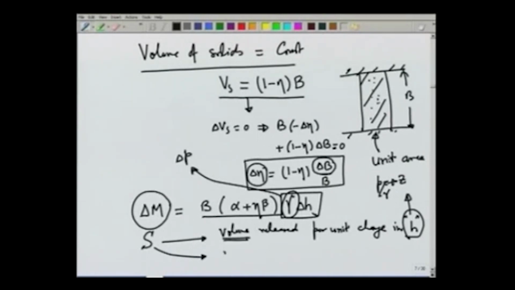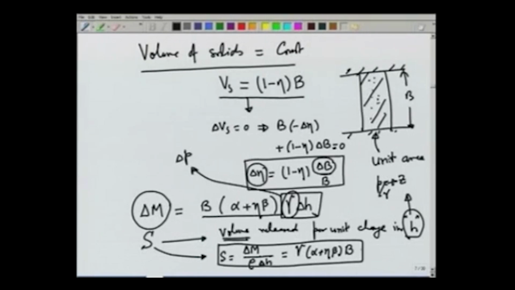So, S will be equal to the mass released divided by rho per unit change in the piezometric head, and therefore, S will turn out to be gamma alpha plus eta beta into B. This equation gives us the storage coefficient and it represents the volume of water released for a prism of unit cross section area over the entire thickness B.